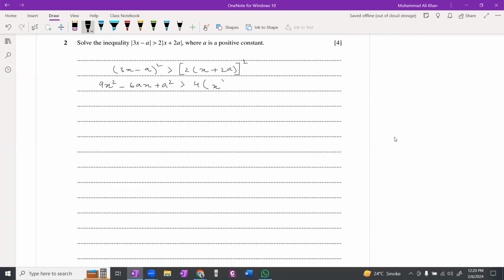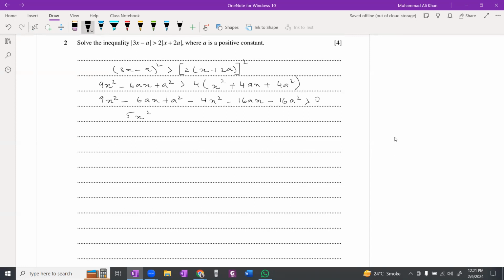It will be a squared plus 2ab plus b squared. Now 9x squared minus 6ax plus a squared minus 4x squared minus 16ax minus 16a squared greater than 0. 9x squared minus 4x squared is 5x squared.